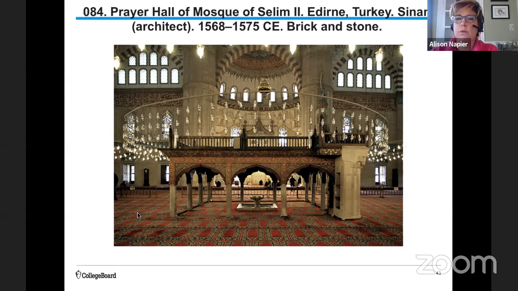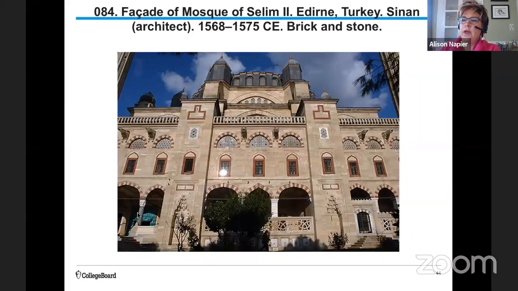Sinan, again, wanted to surpass Christian architecture, and so the position of the platform creates a vertical alignment of the square, the octagon, and the circle, and for him as the architect, the geometry helped connect the earthly and the heavenly spheres.